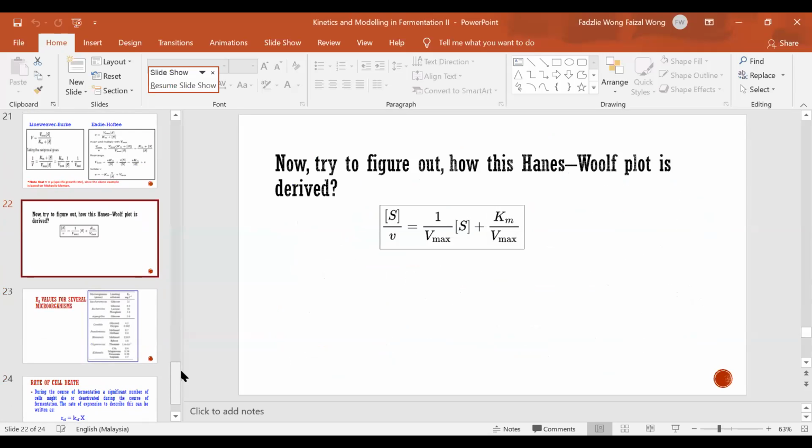So with that you need a lot of practice on the derivation and the meaning and all that. And of course, you also have the practical sessions to actually learn how to use the graphical models to find out the kinetic parameters, right? So I think that's all from me now, right?